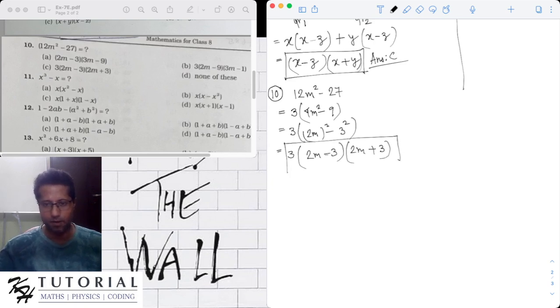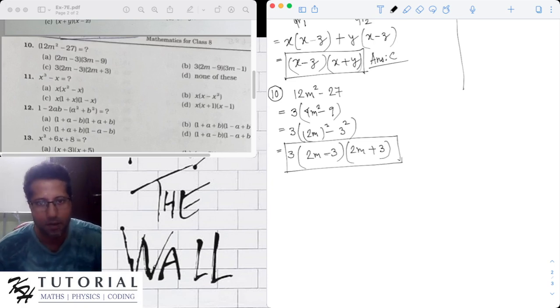This is the final factorization, and hence the correct choice is C. C is the correct choice.